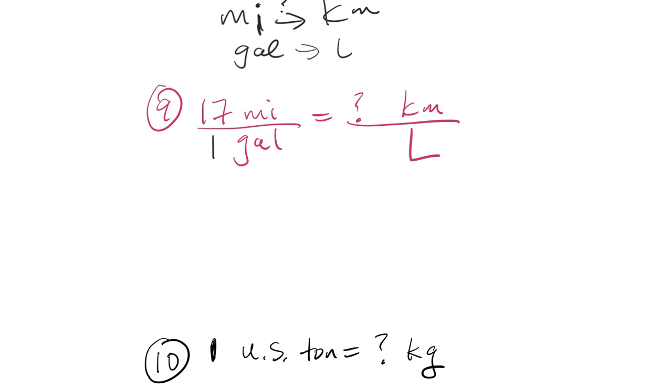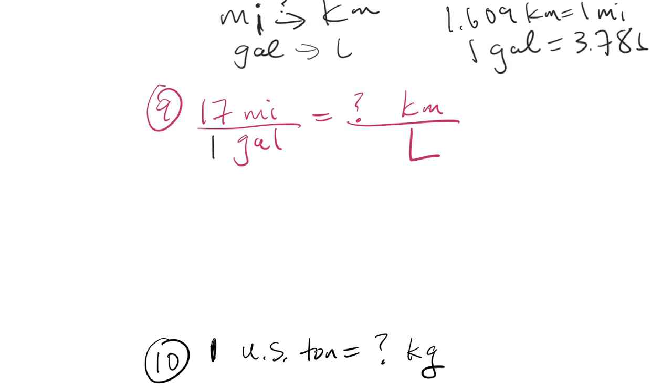So why don't you look back at the table? So 1.609 kilometers equals 1 mile. I found that from the table. Then I found that 1 gallon is 3.785 liters, from the volume table on the first page.